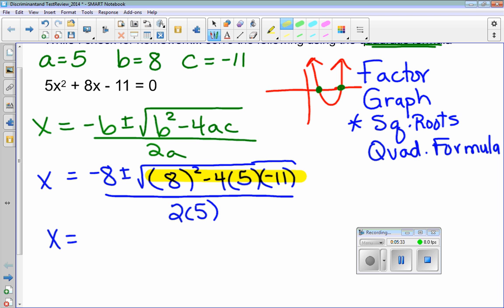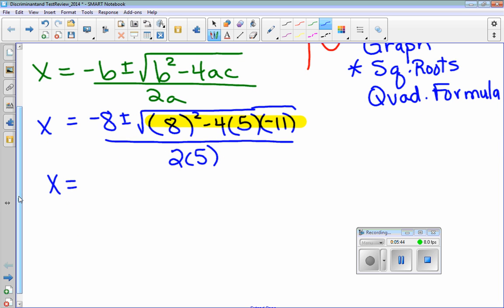So I have 8 squared minus 4, A is 5, and C is negative 11. And so I get 284. And so I'm literally just going to say negative 8 plus or minus the square root of 284, all over 10. So once you have a square root, we're going to get there. So hang tight for just a second.